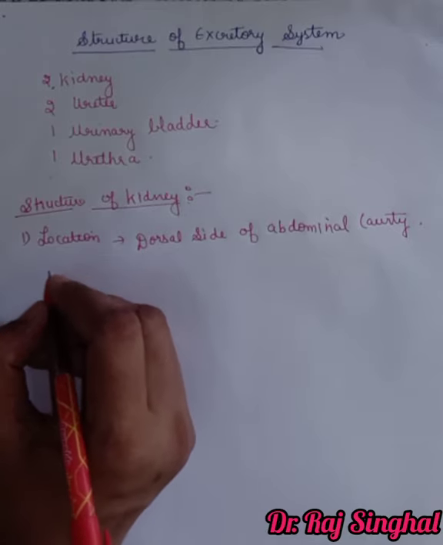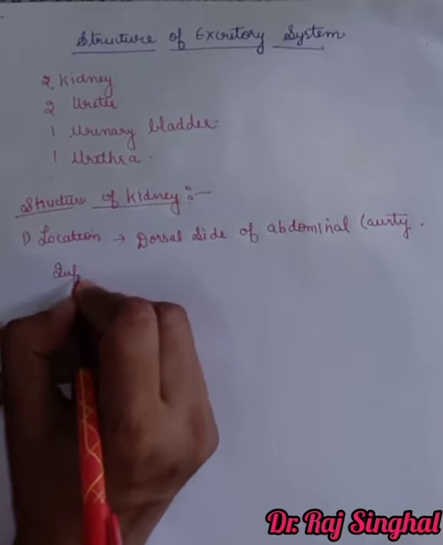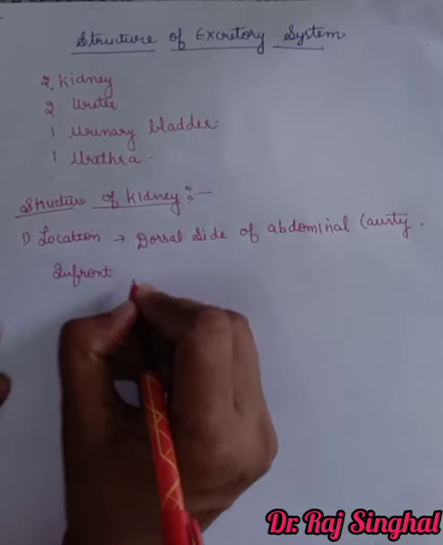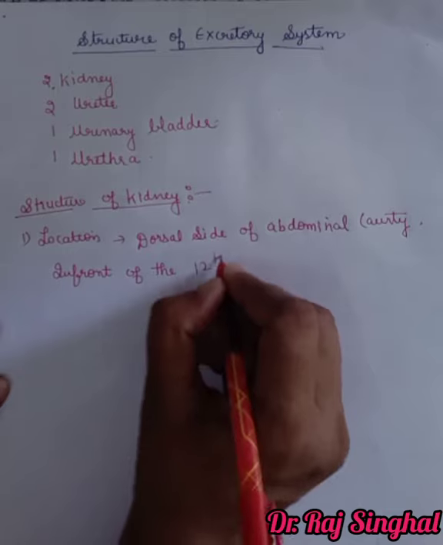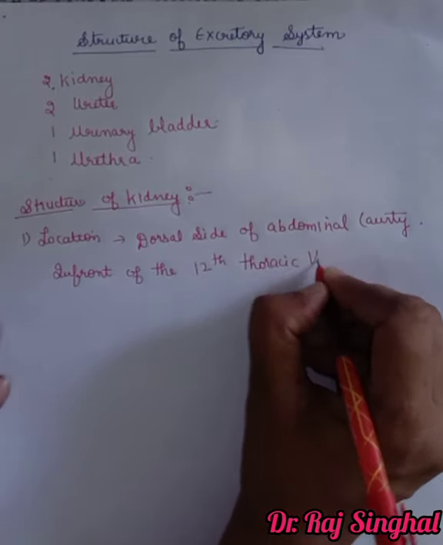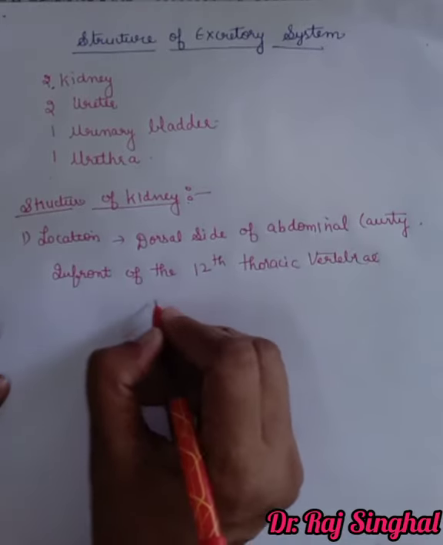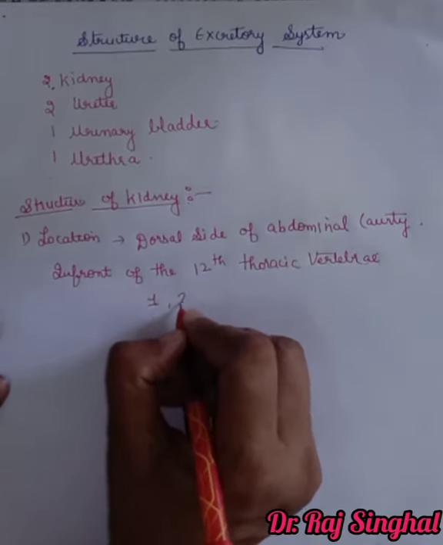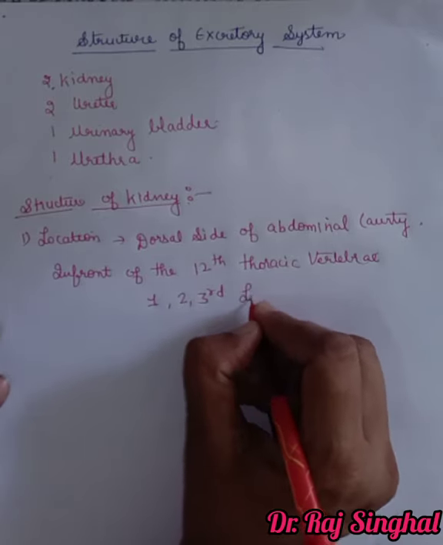If we want the exact location, then it is located in front of the 12th thoracic vertebra and first, second and third lumbar vertebrae.